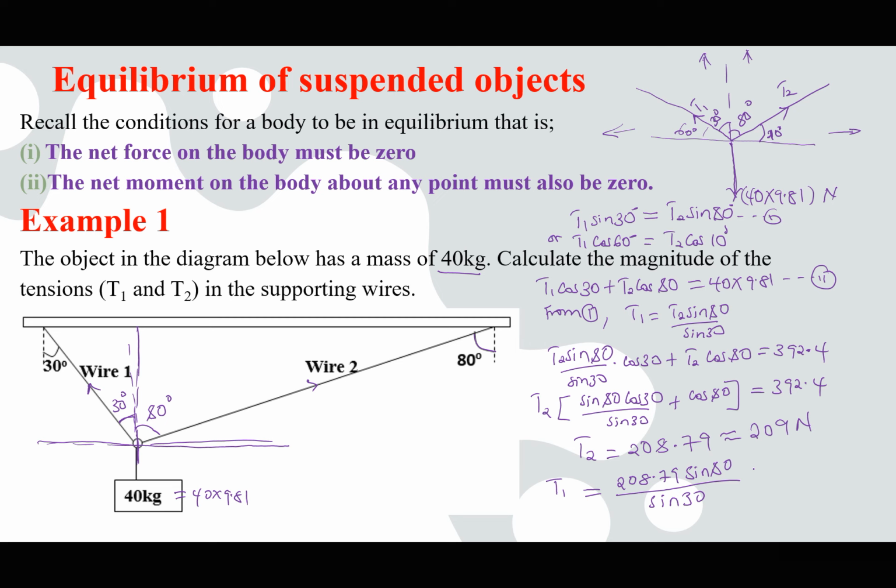So this gives us 411.24 newtons, or you can write approximately 411 newtons. So this is from calculation, or from resolving. So we have used resolving to find T1 and T2.